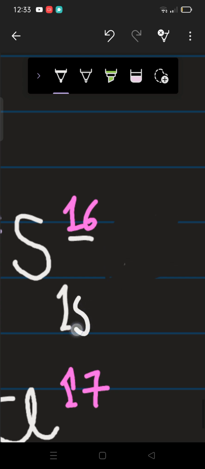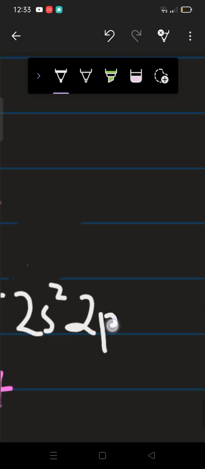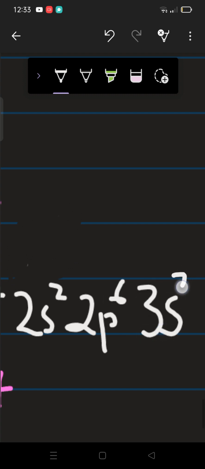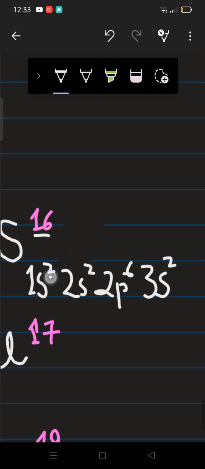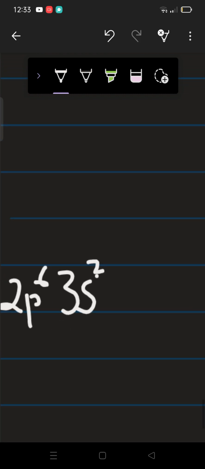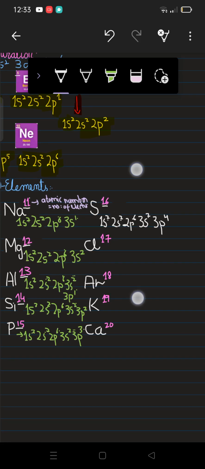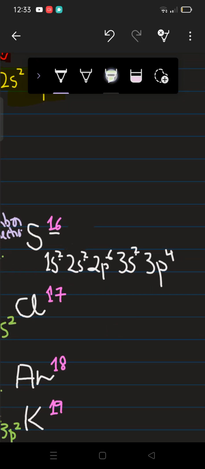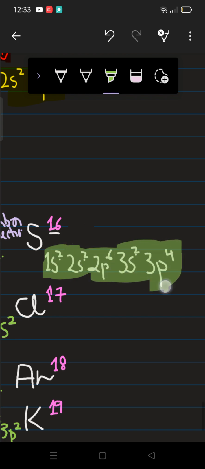So 1s2, 2s2, 2p6, 3s2. Let's count. 2 plus 2 is 4, 4 plus 6 is 10, 10 plus 2 is again 12. 4 electrons are left, so 3p4. So the electronic configuration of sulfur is 1s2, 2s2, 2p6, 3s2, 3p4.